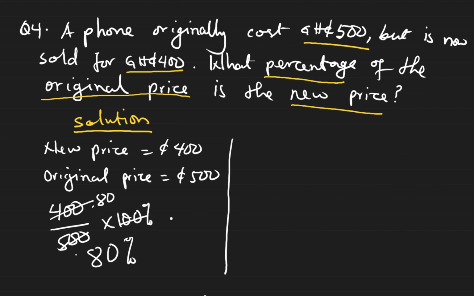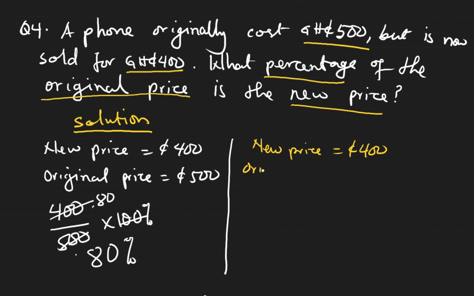But also, if you don't know and you want to model the question from English to mathematics, first, what do we know? We know the new price, which is 400 cedis.